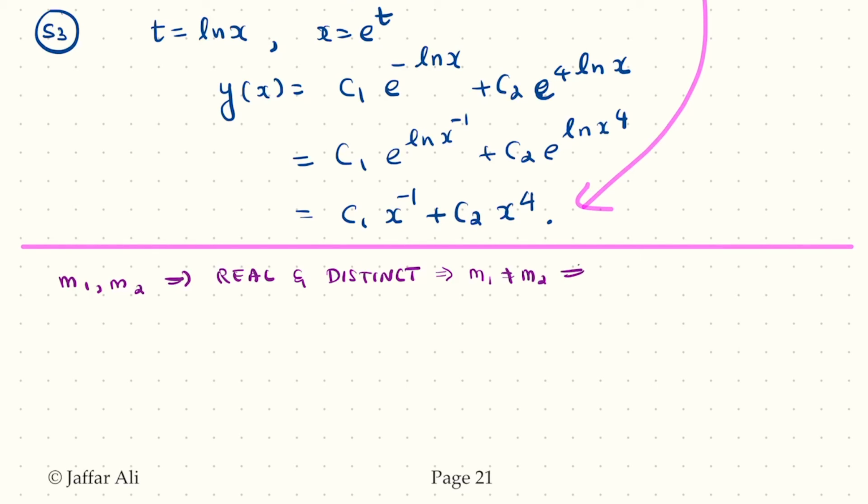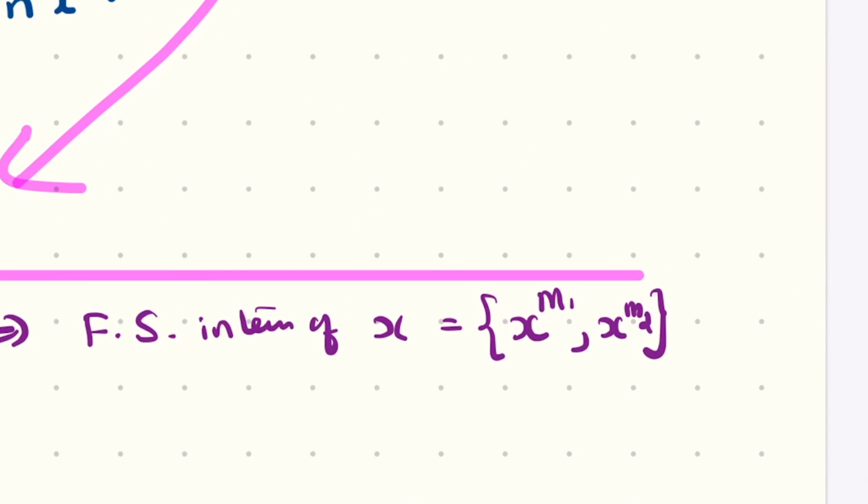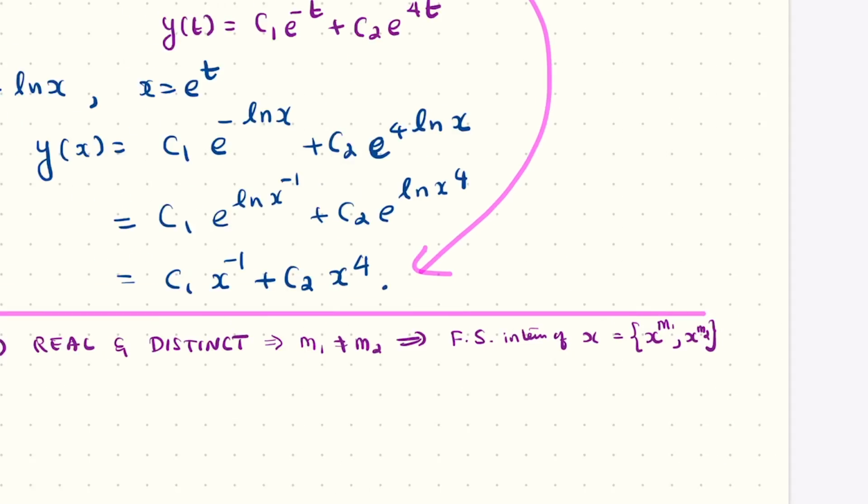Then the fundamental set in terms of x, usually it's an e, right, but in this case it's going to be x to the m1, x to the m2. That would be your fundamental set in terms of x.